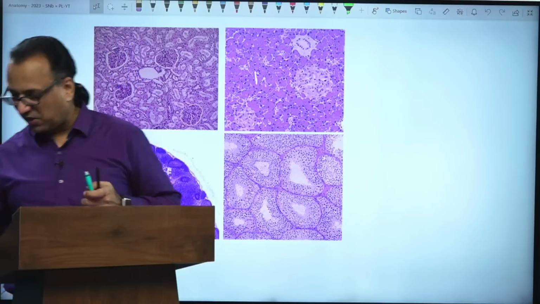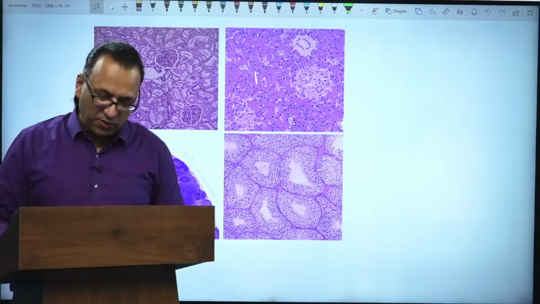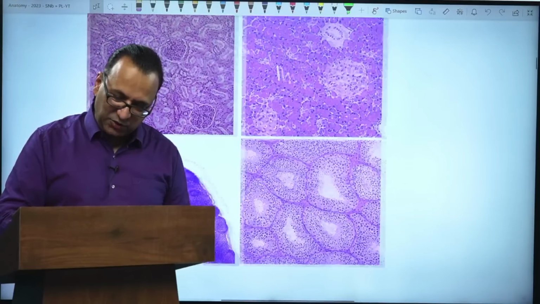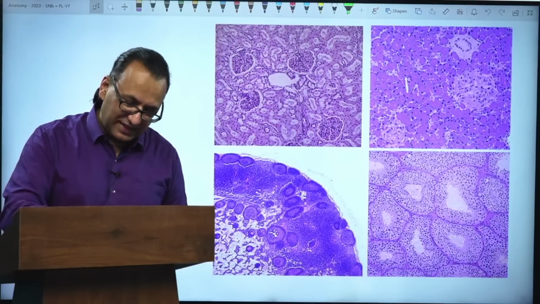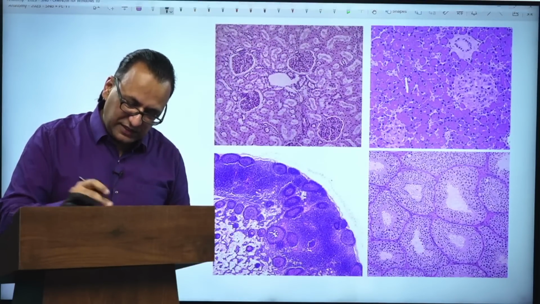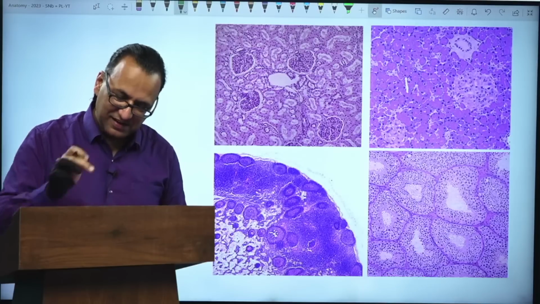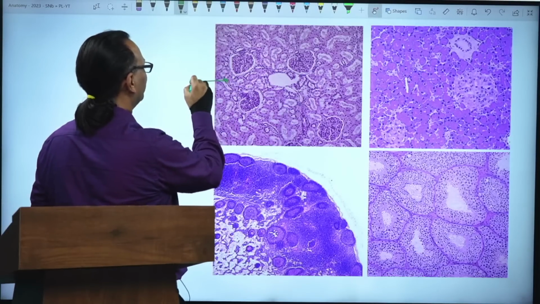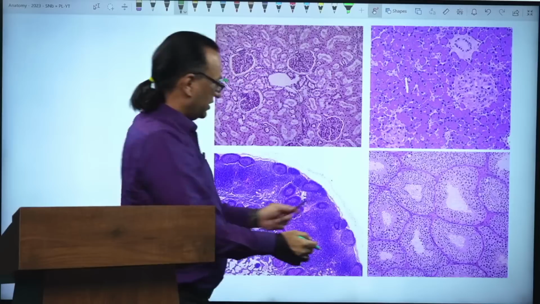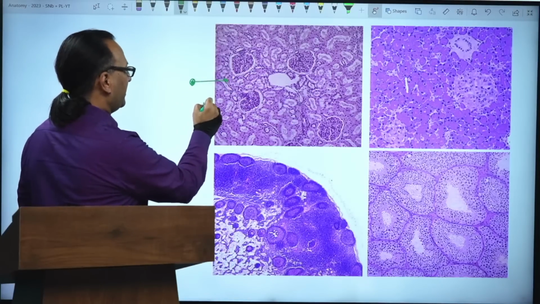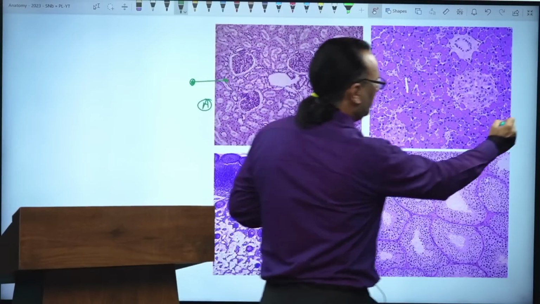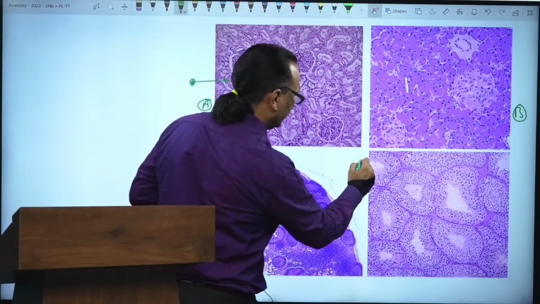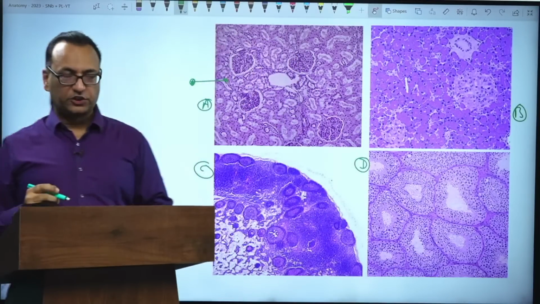Okay, so histology. Now, as we look at this diagram, I'll ask you in the chat, you have to mention what is this histology specimen belonging to, and this one, this one, this one. Let us say this is A, this is B, this is C, and that is D. And I'll give you the options.